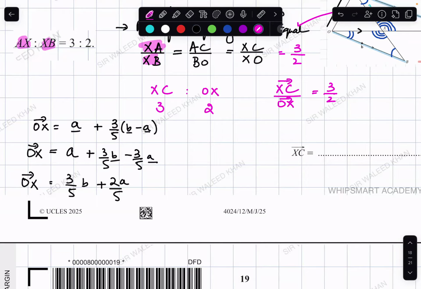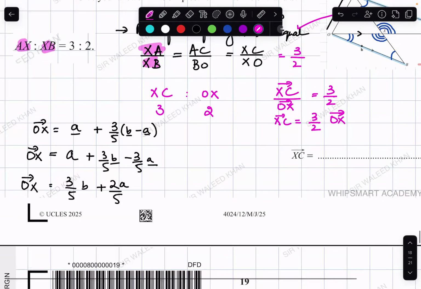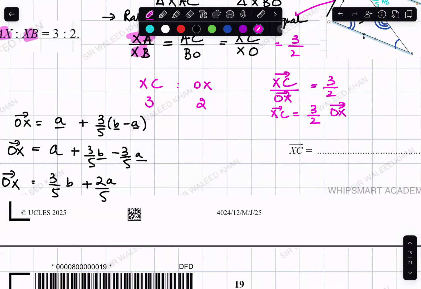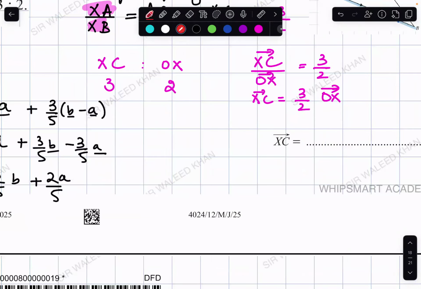If I rearrange this, I can write it as XC is 3/2 of OX. Can I say that? Yes? Okay. So we have XC as 3/2 of OX.